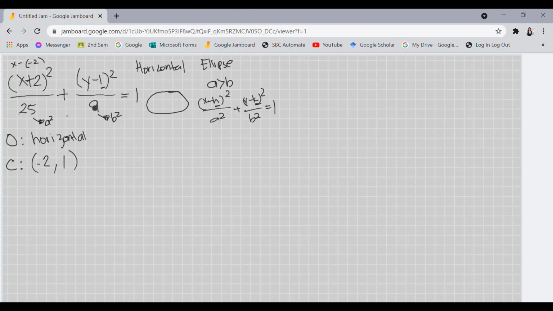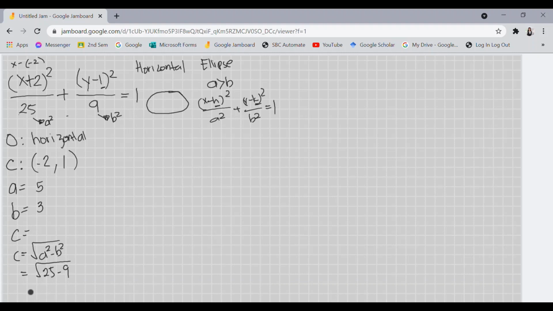Okay, based on your numerators. And then, for the value of a, you get the square root of a squared, that is 5. For b, you get the square root of b squared, which is 9. The square root is 3. Okay, and then for c, let's just compute using the formula a squared minus b squared. So, that is equal to the square root of 25 minus 9.